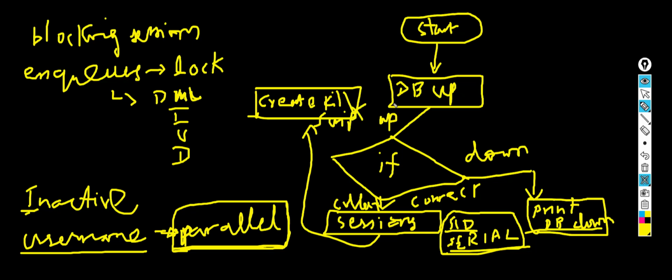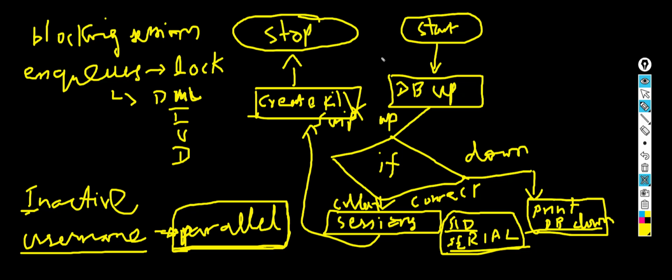So this script is going to kill those sessions with the help of a shell script. That's it. Okay. So once we kill those sessions, then we again validate it and then stop the script. So we validate and make sure that those sessions are killed and then stop the script.